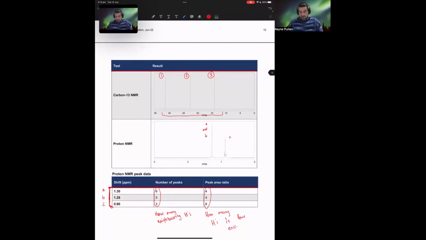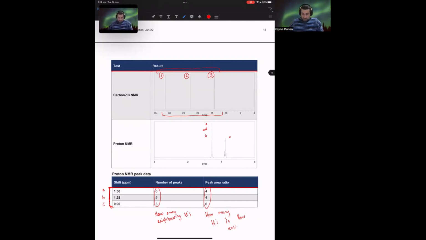Now at this stage, we want to turn to the mass spec and the IR to confirm some of this information. You'll remember that I said it looks like there are only 3 peaks in the carbon NMR. That could mean that there are 3 carbons, or 6 carbons, or more multiples of 3.